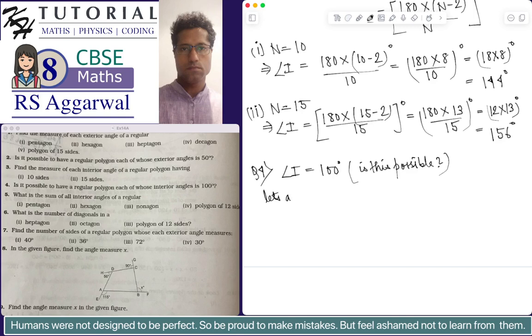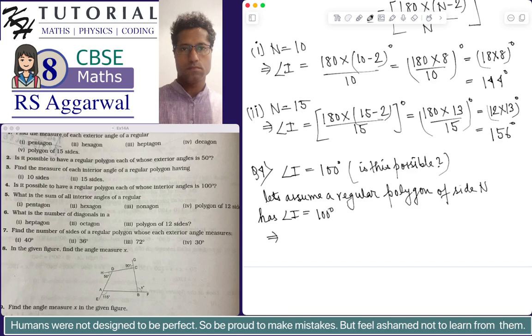let's assume a regular polygon of n sides has each interior angle equal to 100 degree.